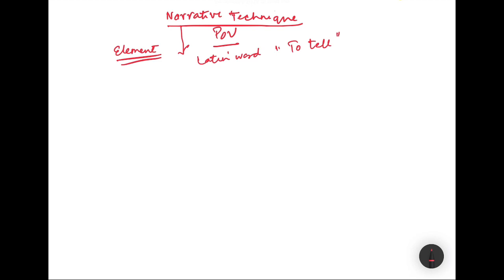How a story is told to us is very important. And this is important for an author, that if he wants to have a good narrative, he has to select the incidents very carefully and create some connections between a series of events.